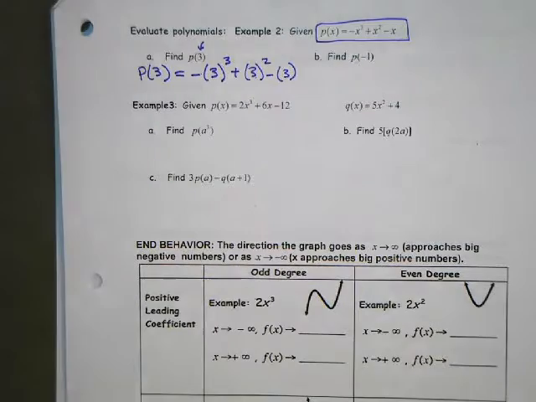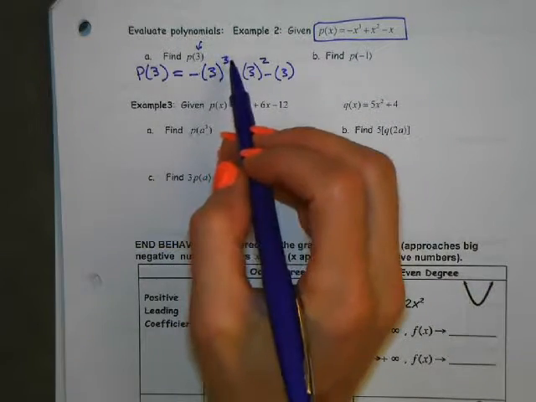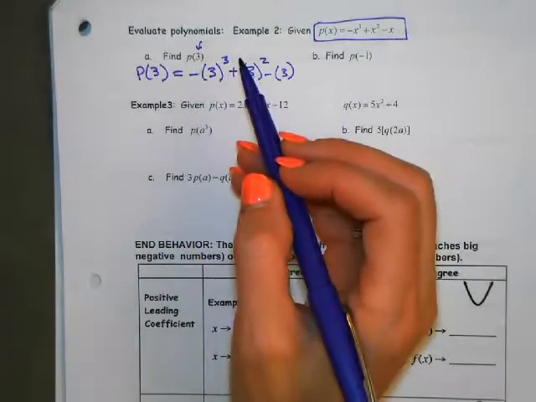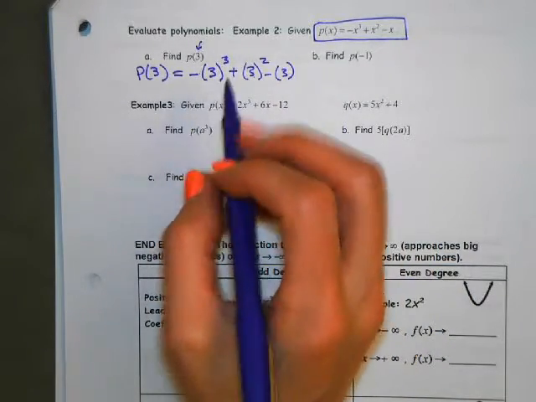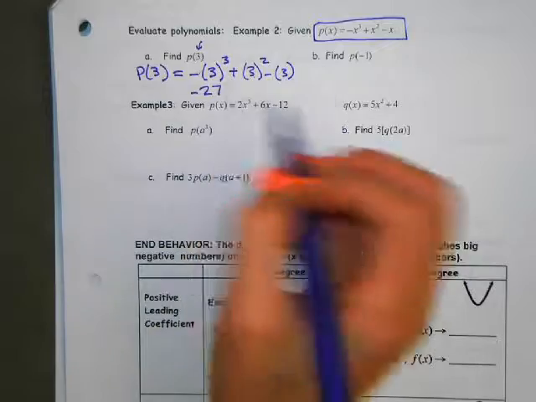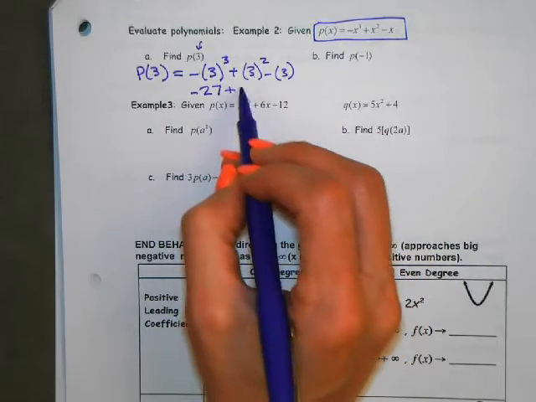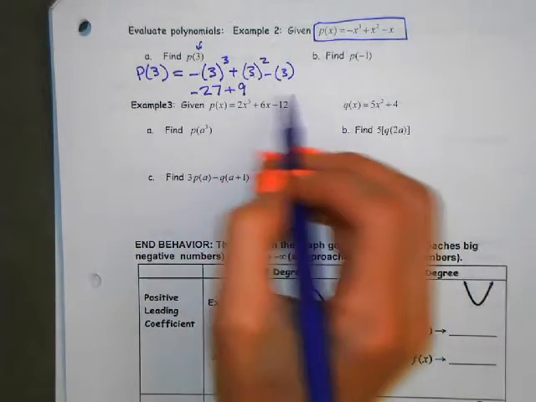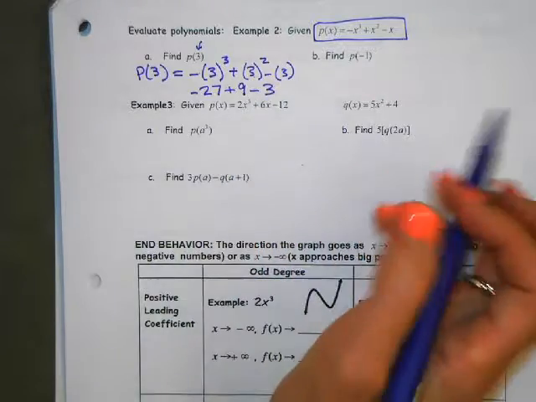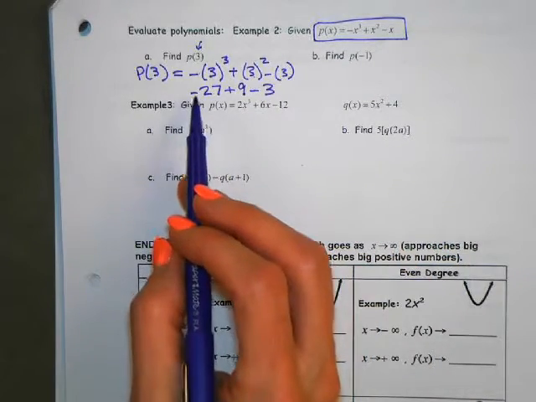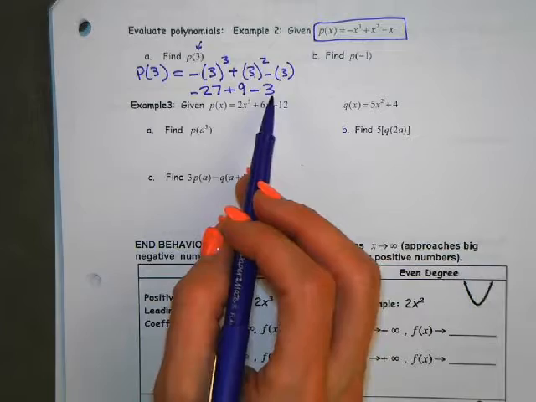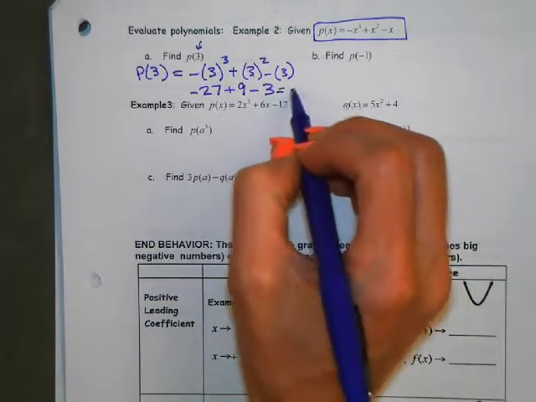Okay? And then I just solve. So 3 cubed is 27. 27 times a negative is going to be negative 27. I have 3 squared, which is plus 9. And then I have minus 3. So I have negative 27 minus 3, which is a negative 30, plus 9. That should be a negative 21.